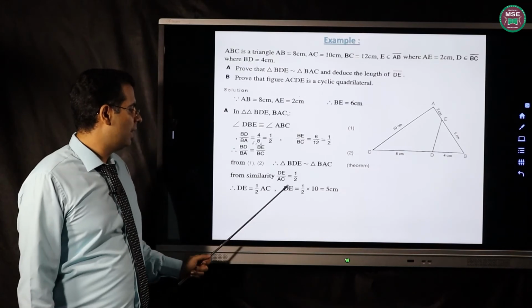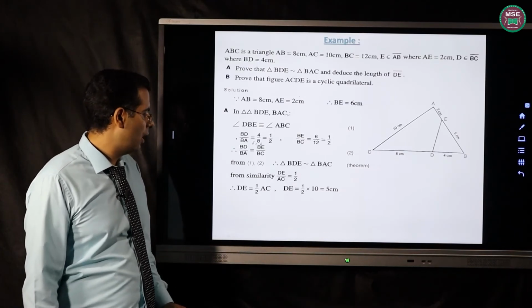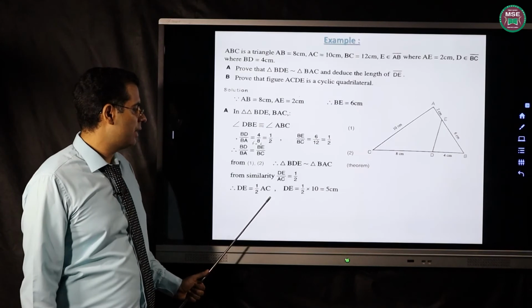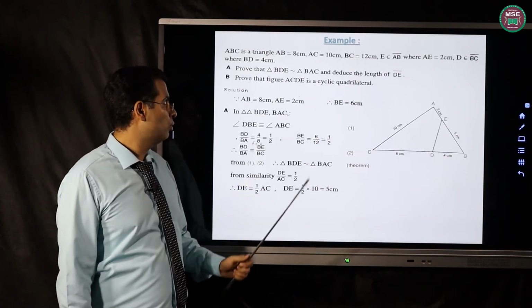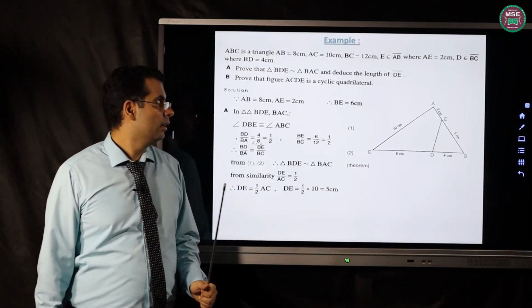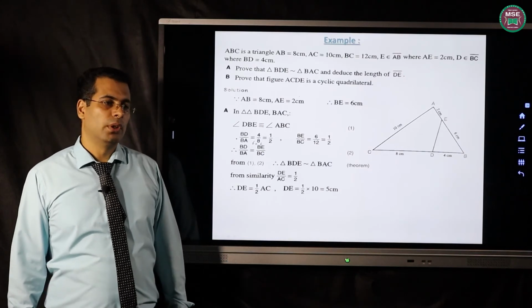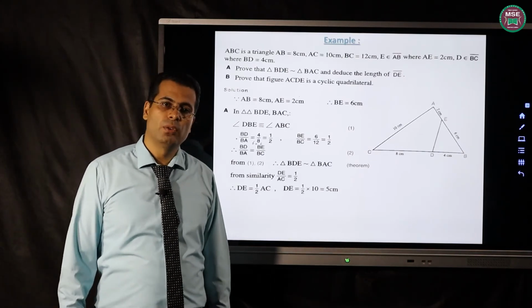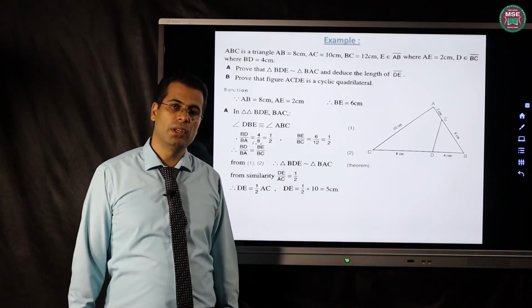From the similarity, we have the scale factor, which is half, therefore DE equals half AC, which equals 5 centimeters. We want to prove that ACDE is a cyclic quad. Let's remind ourselves of the cyclic quad. We have 3 conditions; one of them is enough.